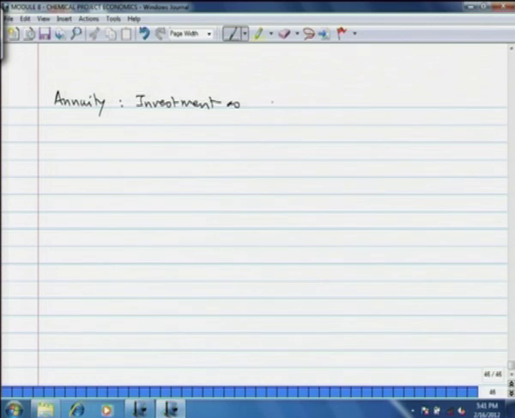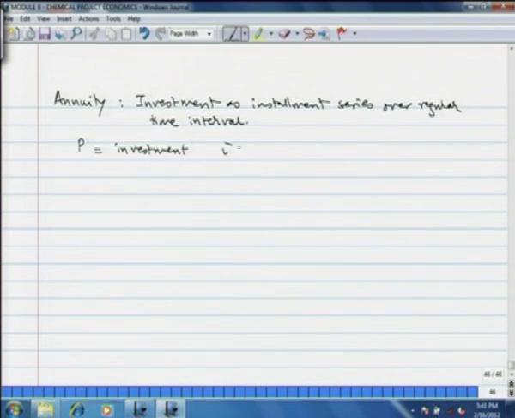Investment P is made at interest rate I and the number of periods is n.